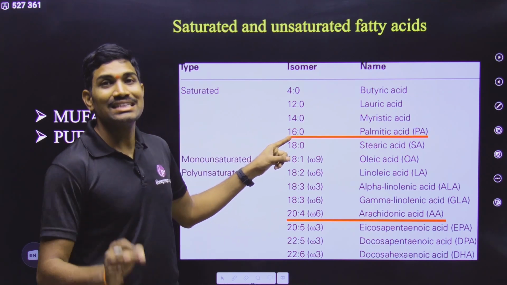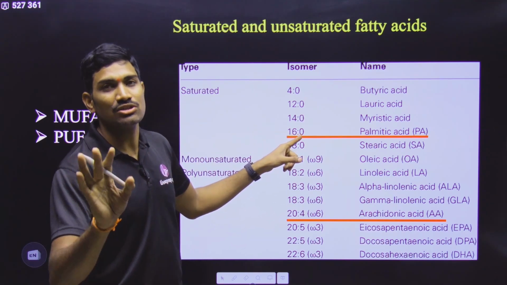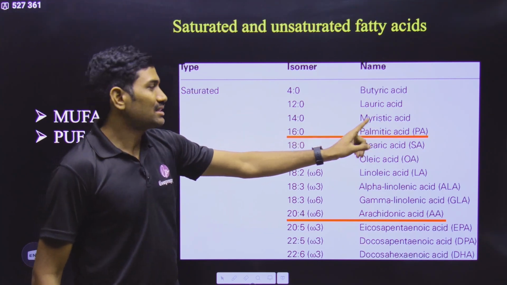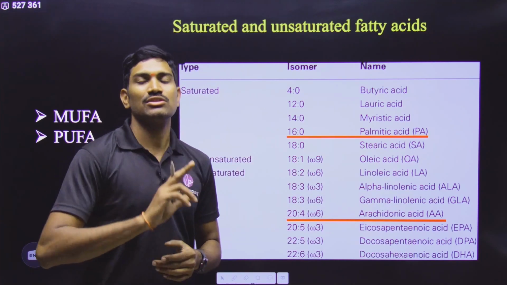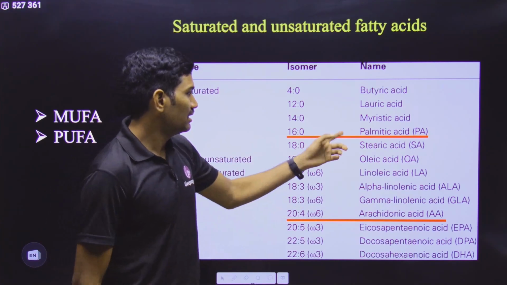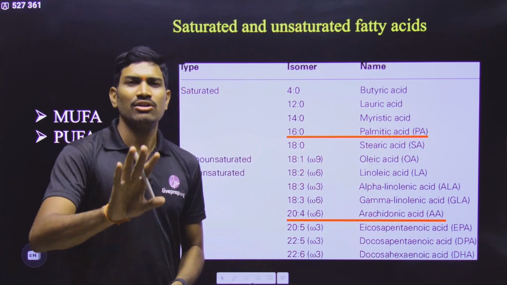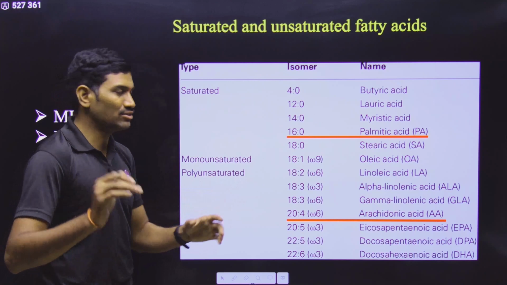Palmitic acid is 16 carbon containing and there are no unsaturations, so it is a saturated fatty acid. This was mentioned in NCERT, so please remember this. Next one, 18 carbon saturated, is stearic acid. Not given in NCERT, so it is optional. Over. So these are some examples for saturated.